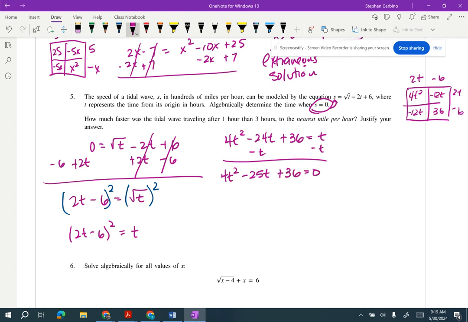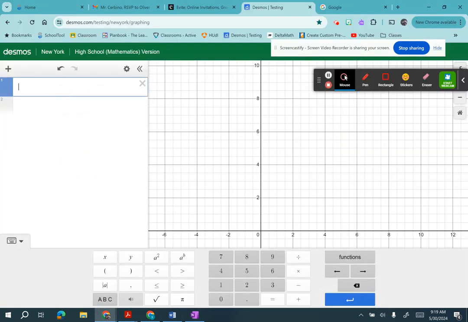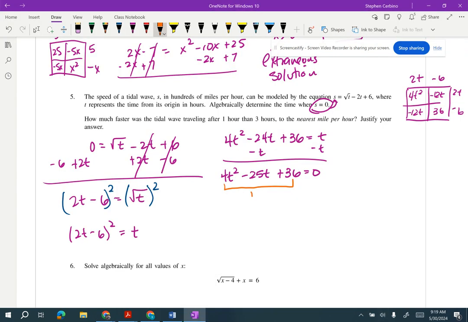And again, we have to factor this. And we're going to use our good friend, the AC method. 36 times 4, if we do that in our calculator, we get 144. So we're trying to figure out what multiplies to make 144, but adds to make negative 25.